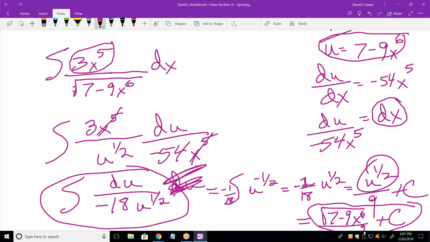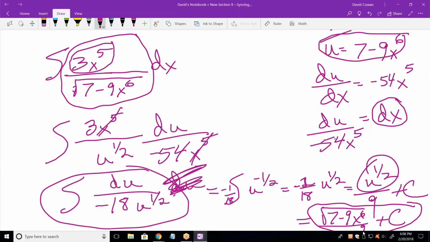Now, you could prove that by taking the derivative of that answer and making sure that what you end up with is what you started with. In other words, this whole thing right there.